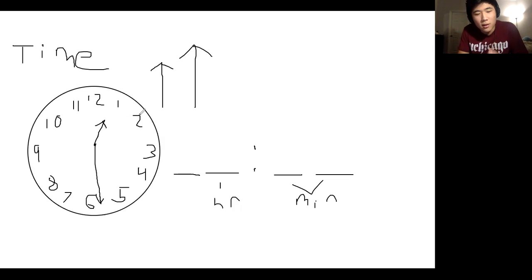So maybe if it looks like it's close to the 1, but it's to the left of it, that's not right. The hour hand is the number that is to the left of the hand. It's not to the right. So it can't be 1. In order for the hour to be 1, the hand would have to be past 1 like that. But so we know it's 12 because 12 is the number directly left of the hour hand.